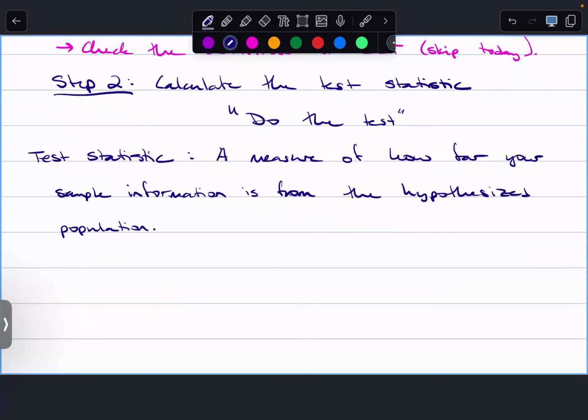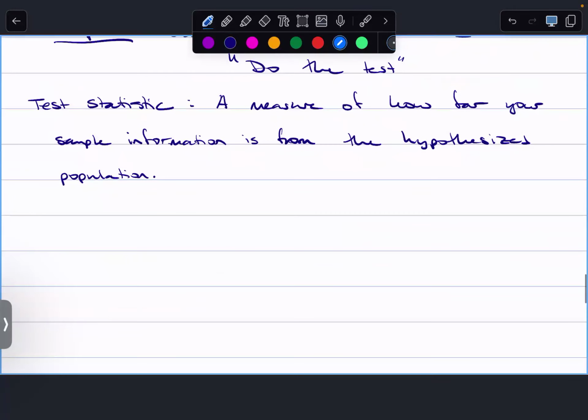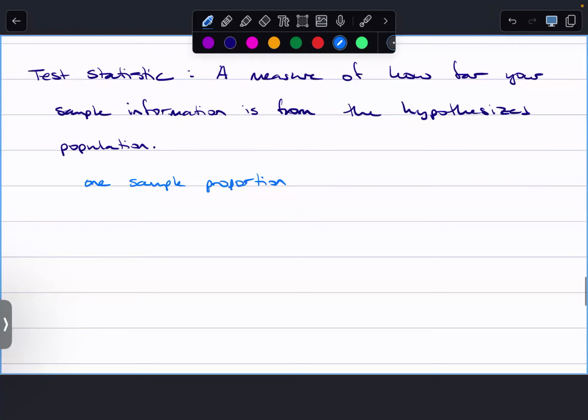So the test statistic is a measure of how far your sample of information is from the hypothesized population. Now, for one sample proportion questions, which is what we have in our example, we have Z, which is going to be a calculation of P hat.